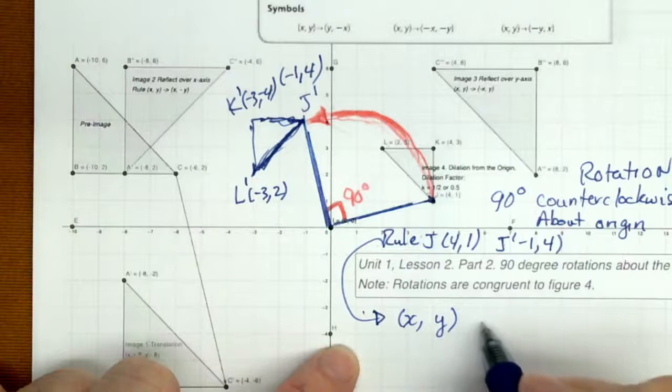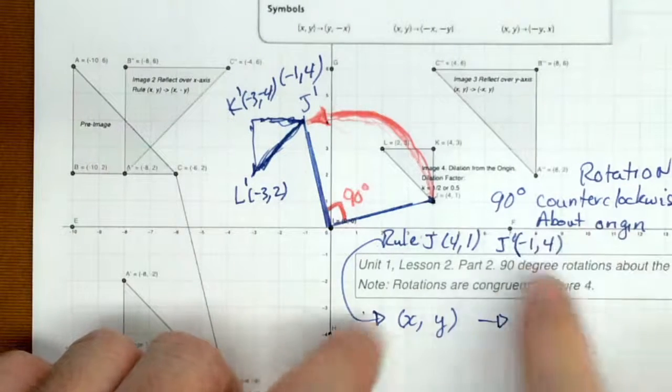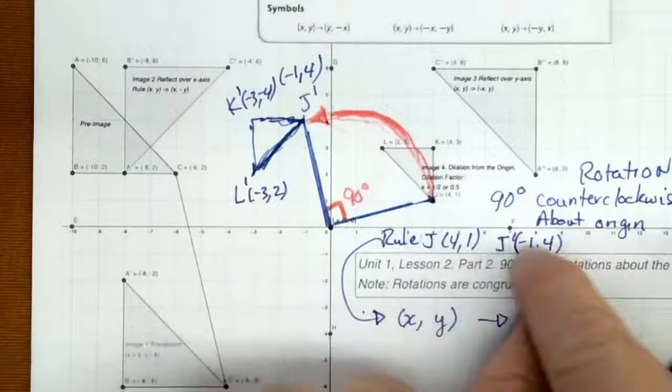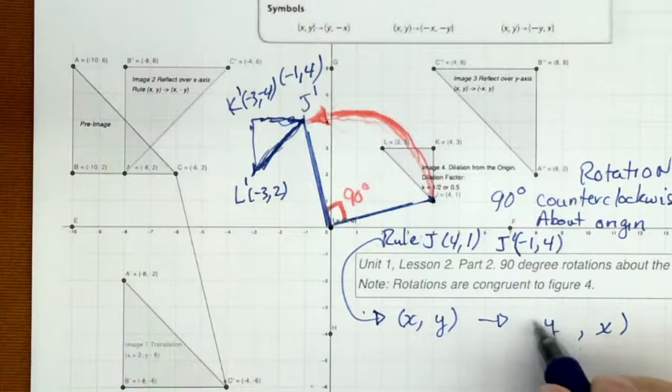The position of x and y switched, so I'm going to write y and x, and one of them switched signs. Did the x coordinate switch signs? Yes. Did the y? No. So I'm going to make this negative x.